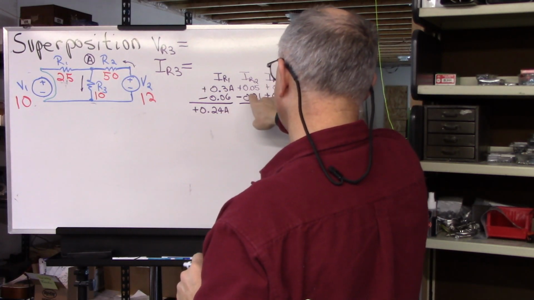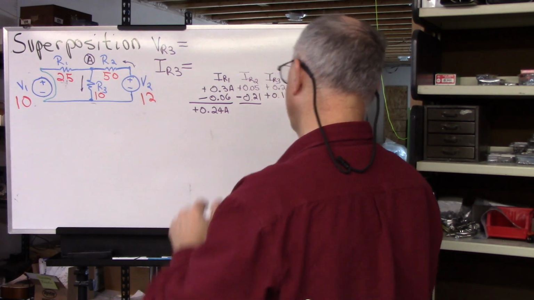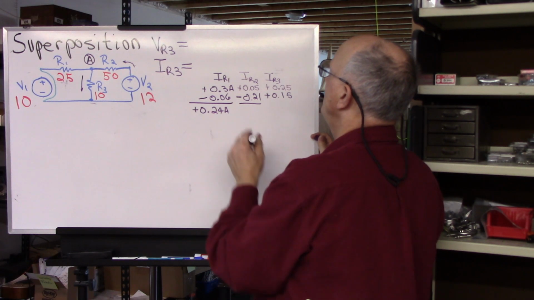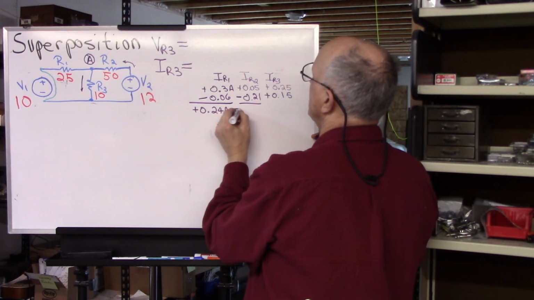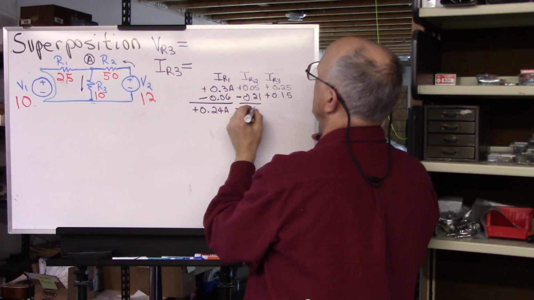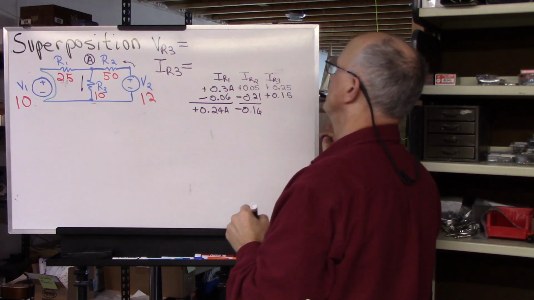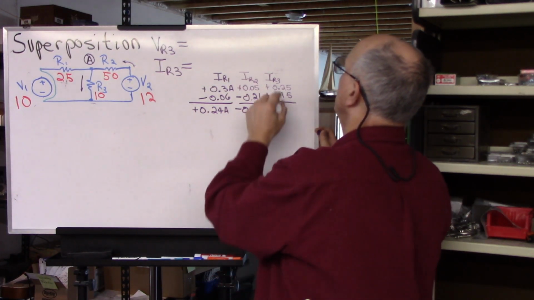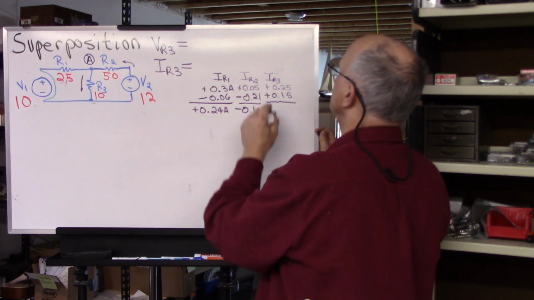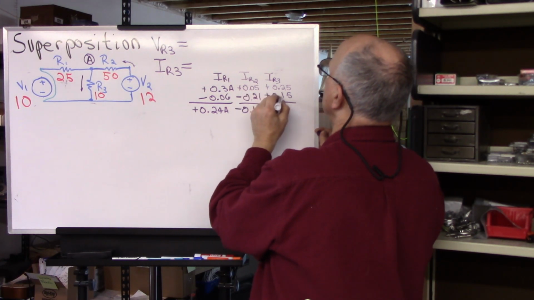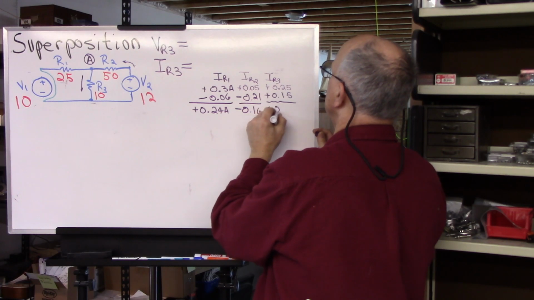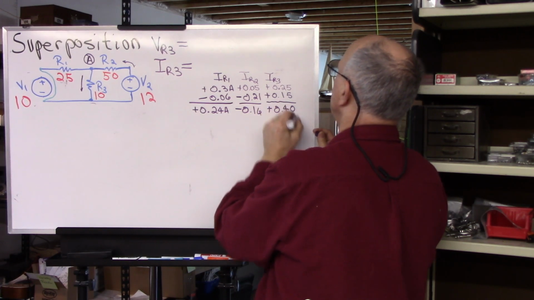A plus 0.05 amps minus a 0.21 amps gives us a minus 0.16 amps. A plus 0.25 amps plus 0.15 amps gives us a plus 0.40 amps.